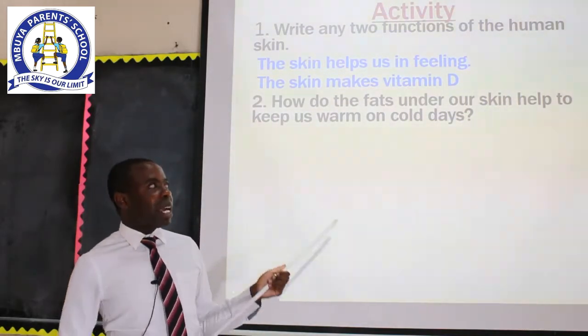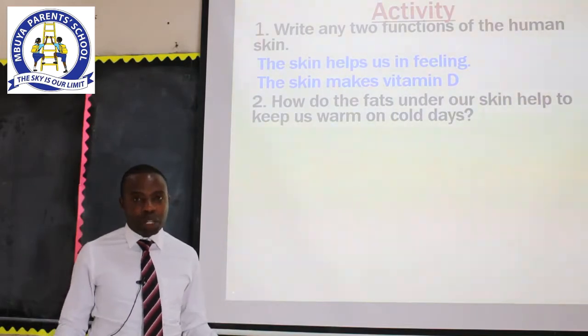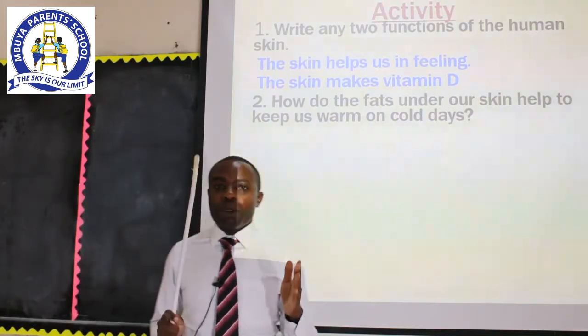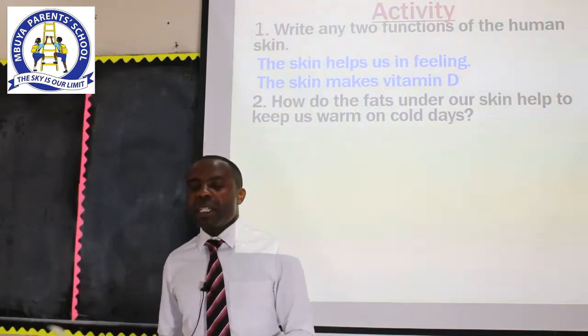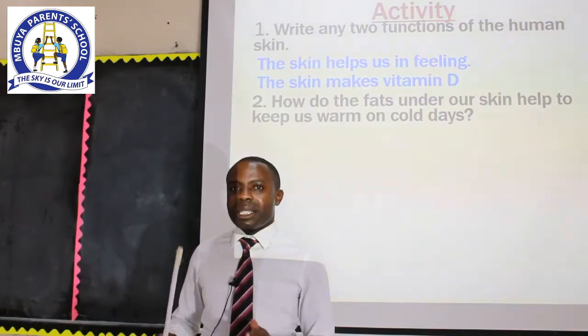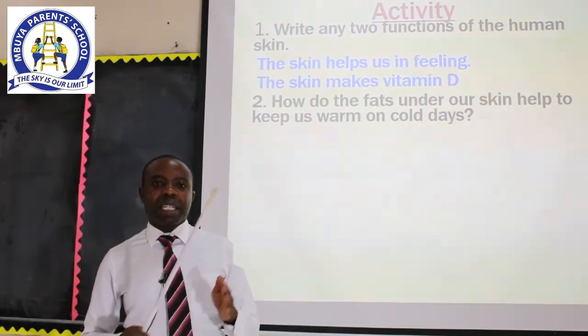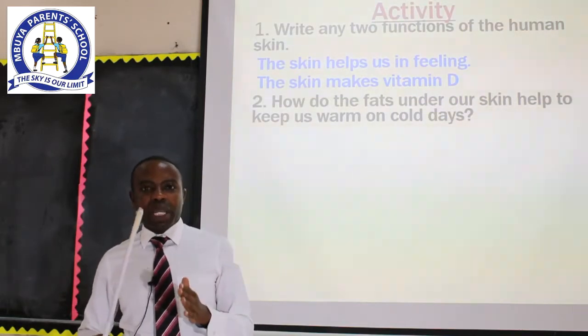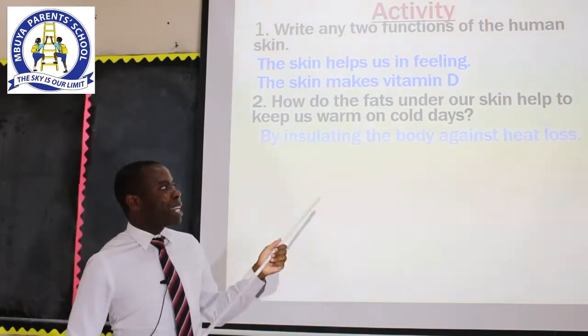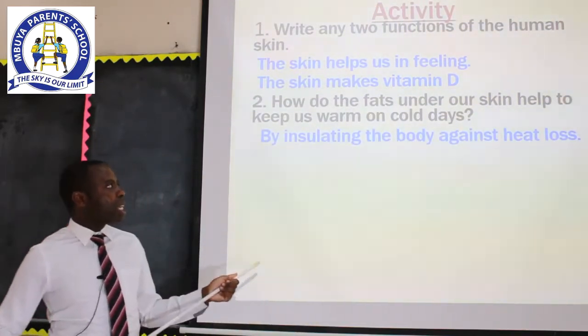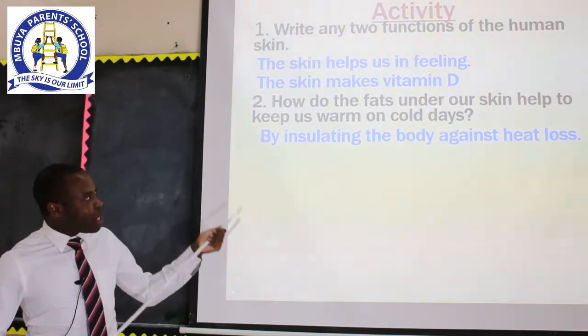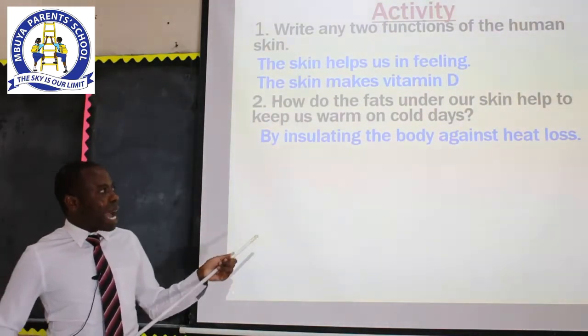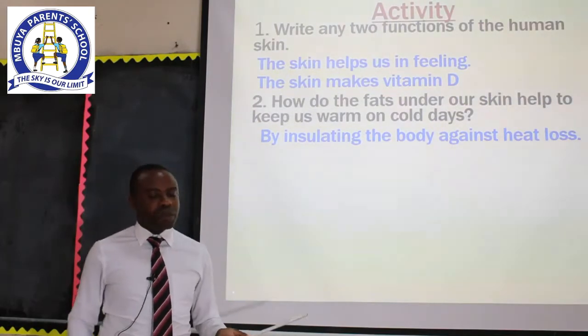These fats act as insulators in our bodies. You remember, in P5 we talk about insulators, and insulators are substances that prevent heat loss, or they don't allow heat to pass through. Now, the fats insulate the body or regulate the body against heat loss.